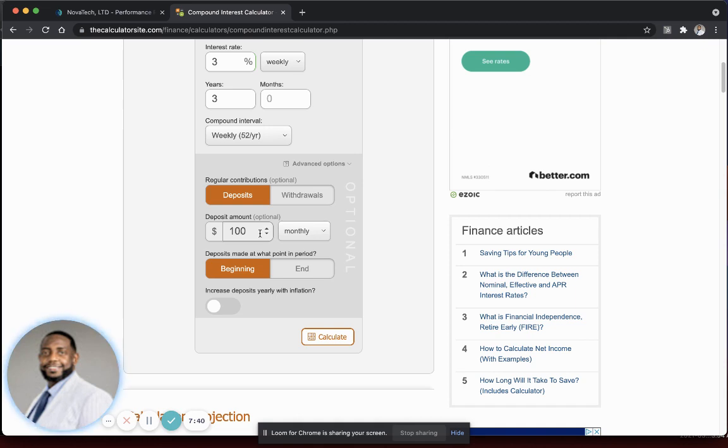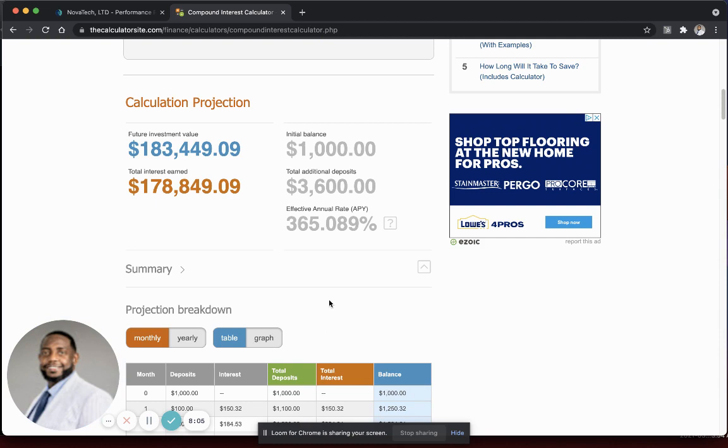So if you were referring this over to other people, you're going to be earning some on a weekly basis, and you could use the earnings from the compensation plan to be able to fund this every month with just $100. Nothing extravagant, just an additional $100 each month. And just for this example's sake, I'm going to say these deposits will be made at the beginning of each month.